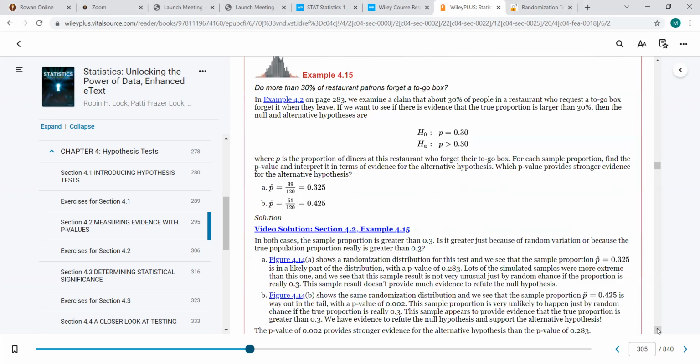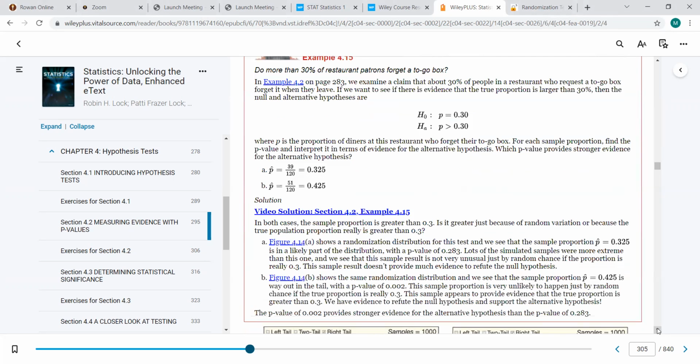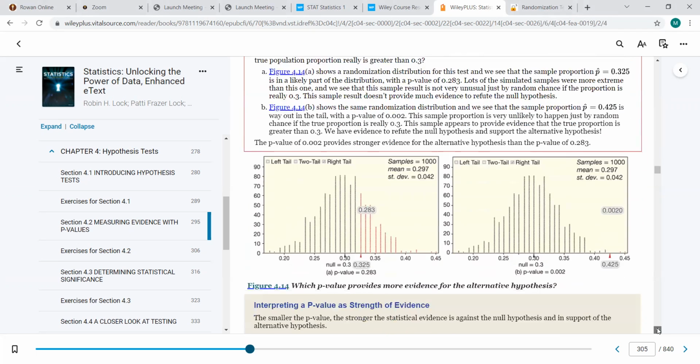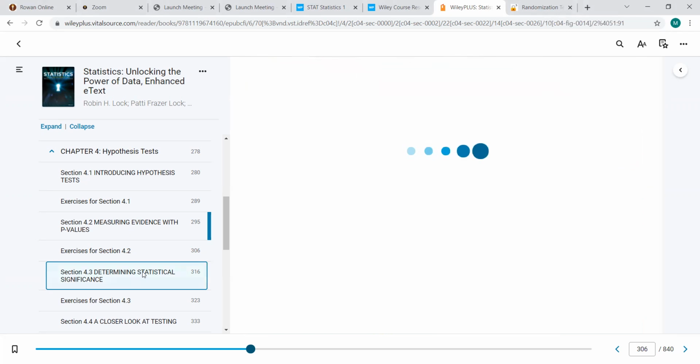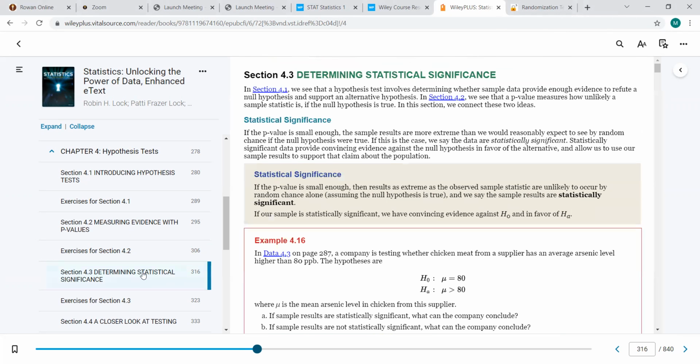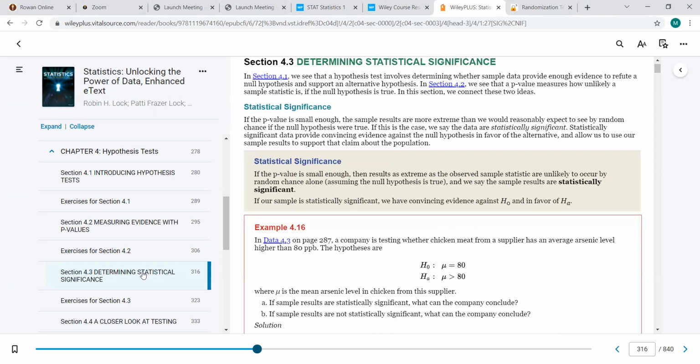All right, so what I'm going to do now, these are just more examples of the same thing like we did some of these last time, is I'm going to go into section 4.3. Now, in section 4.3, we're going to learn a specific procedure so that there's absolutely no chance that you could get the wrong conclusion about whether you should reject the null hypothesis or not reject it.